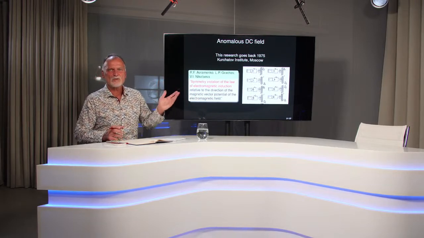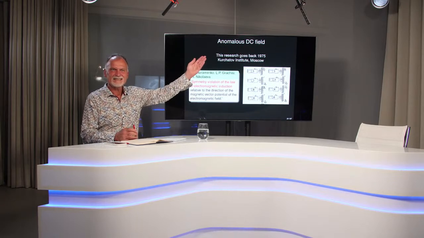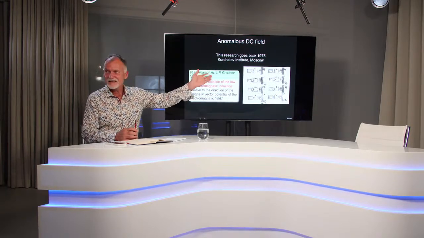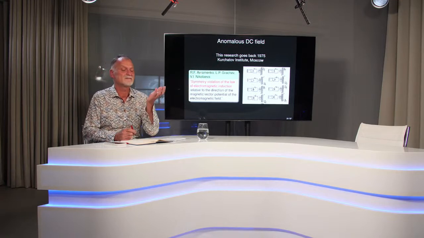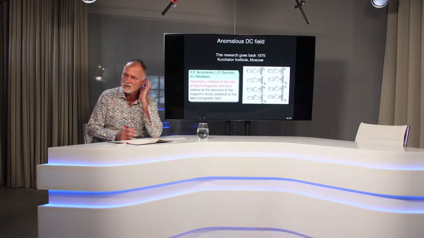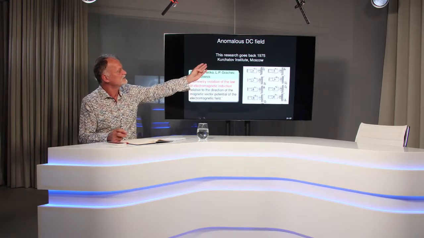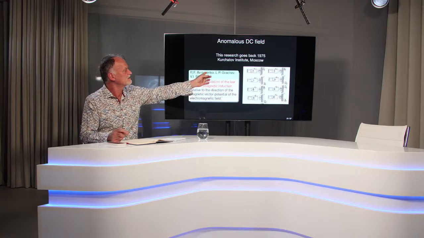I will not go into the detail of that paper. It's fascinating that already in 1975, all this knowledge came from Tesla, so it's more than 100 years old, but there were even scientific papers on this.